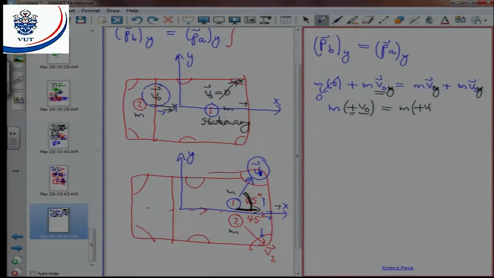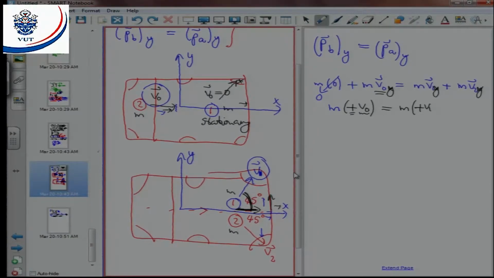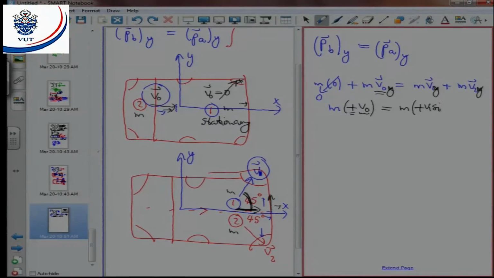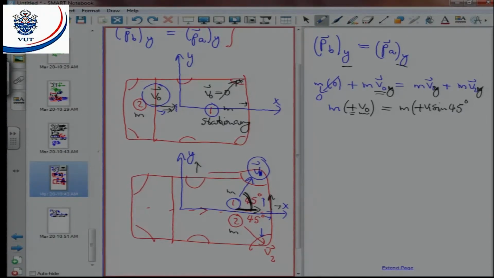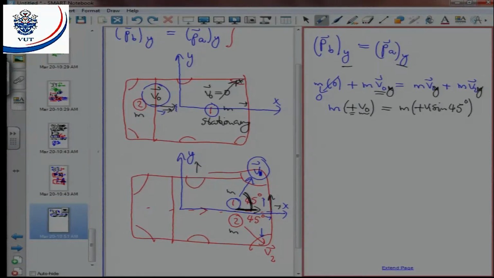So it's actually going up, so plus v1, and then it's going to be sine 45. Just make sure we are looking at the y conservation of momentum component. So for ball 1 it's going up, and we said up is positive for y, so that's why I have a plus there.